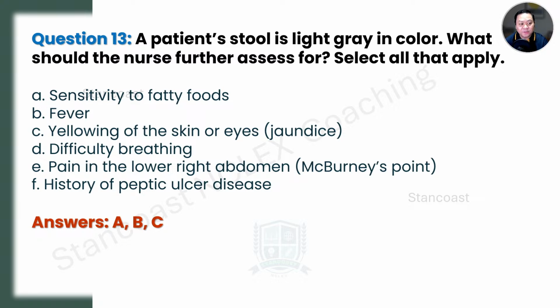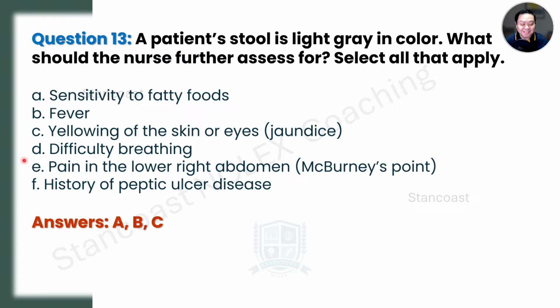The other manifestations can include intolerance to fatty foods, fever, also infection or inflammation, and jaundice from the elevation of the bilirubin levels. So those are our items A, B, and C.